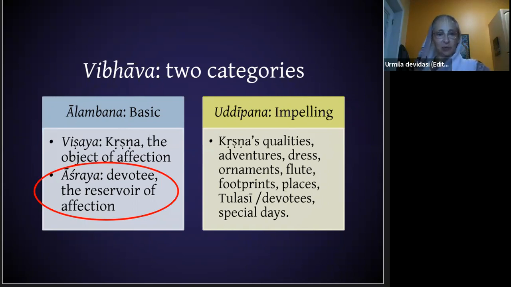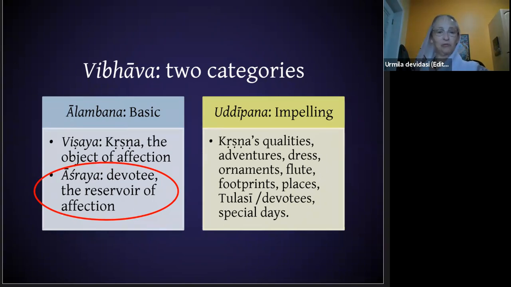And again, Srila Prabhupada uses the word basic and impelling. Alambana is basic. It's to our Vibhava, to our continuous ecstasy, to our basic connection. The Alambana is the basic stimulant. Krishna, the Vishaya, is the object.